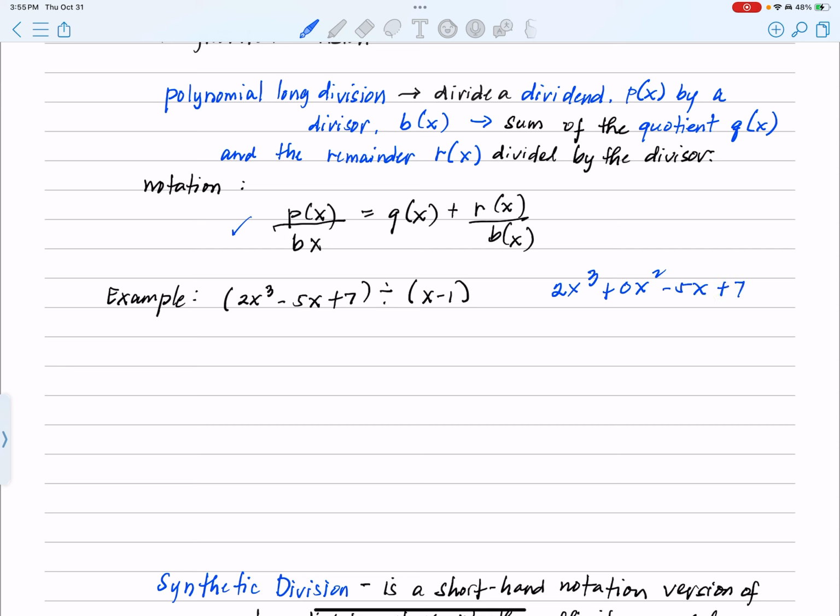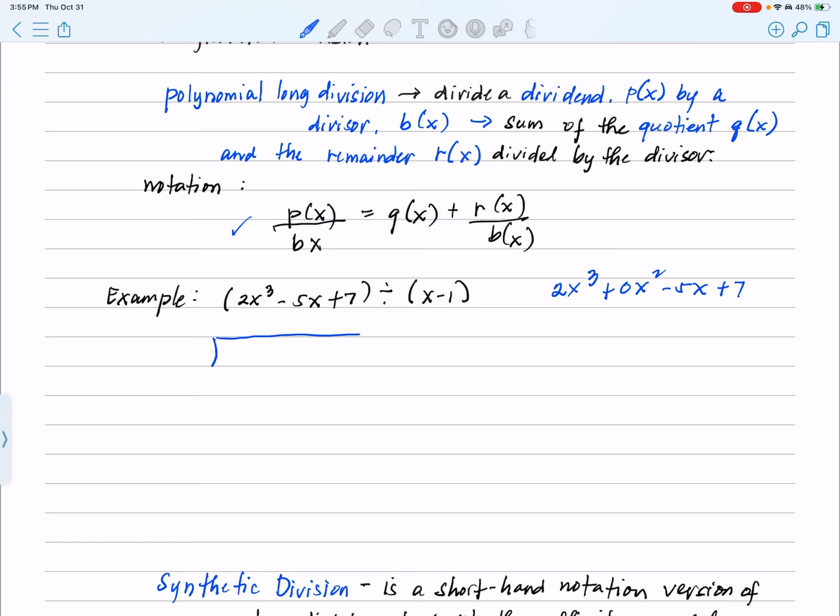And our divisor is already a linear term. All right, so before doing that, be sure we are checking that everything is in order, so we can start dividing.